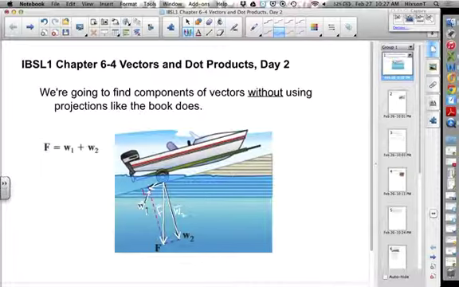Now again, I want to define these in terms of the situation. The force vector going straight down is simply how much the boat weighs. The W1 is how much force is pushing the boat down the ramp.